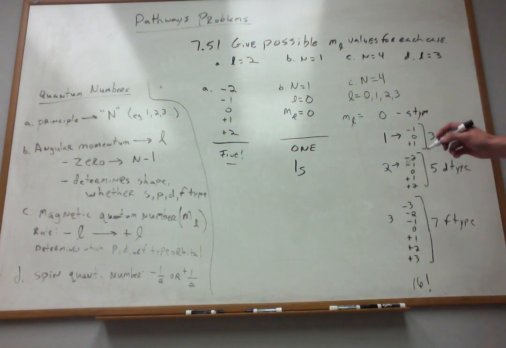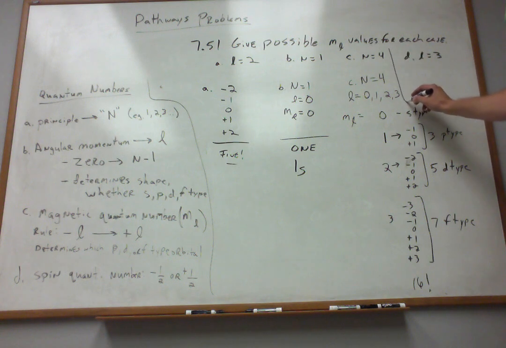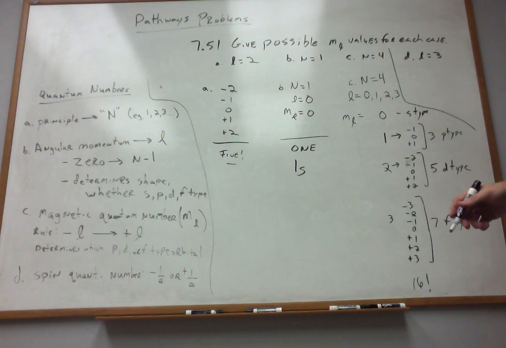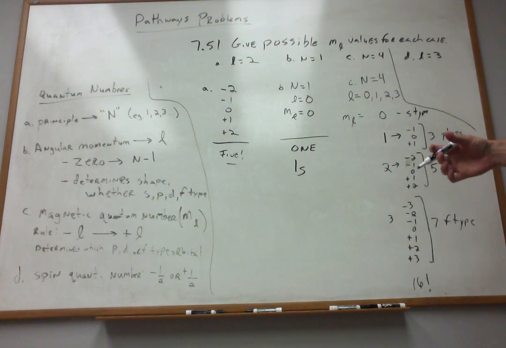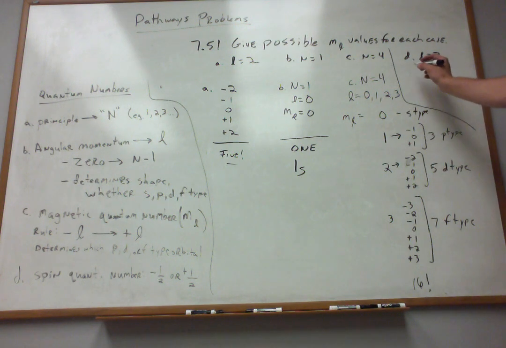All right, now the last one at least specifies things a little bit more exactly because it tells us that L is equal to 3. So L, the angular momentum quantum number, is equal to 3. Now, if that's the case, what are my possible values for m sub L?